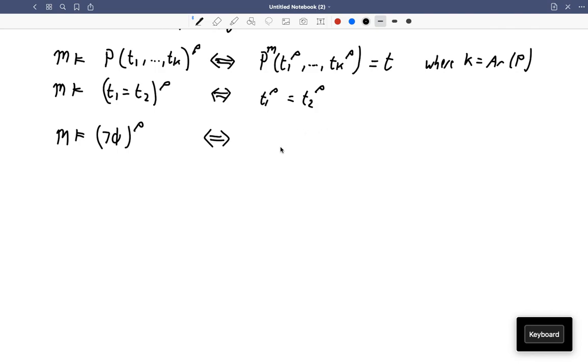Well, what we do is we look to see whether phi is true in the structure M given the environment rho. And if it is, then not phi is going to be false. And if this is not true, then not phi is going to be true. So not phi is satisfied if and only if phi is not satisfied.